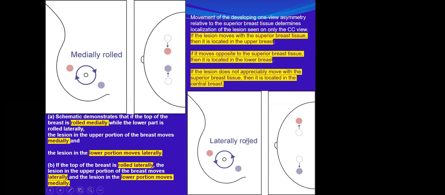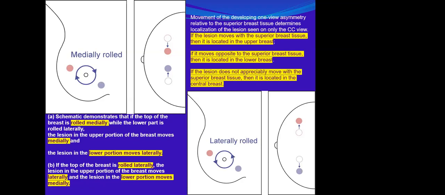If you roll the superior part of the breast laterally, anything superior will go with the tissue you are pushing. You are pushing laterally, so anything in the superior breast will go lateral, while the inferior breast will go medial, the reverse. That reflects what?